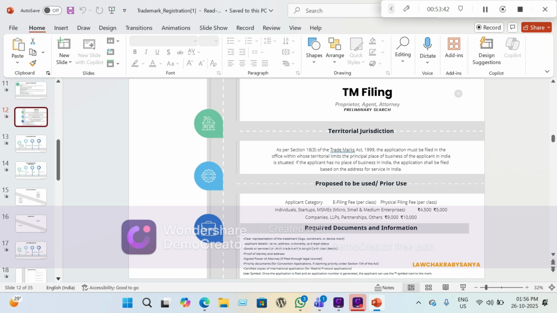So please feel free. Now, we've learned what the different types of trademarks are. It's very important for you to understand that as a trademark attorney, as a trademark agent, before you file for trademark, you can guide your client accordingly, because your client will not know what is a word mark, what is a device mark. Your client will not know which class it will go into.